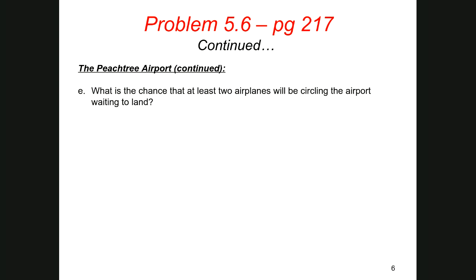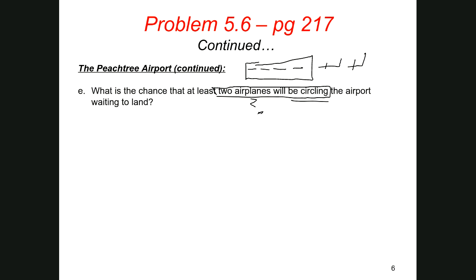Here's our one runway. And what does it mean for two airplanes to be circling? If two airplanes are circling, how many are in the system? Well, here's one airplane, here's two airplanes. Is n equal 2?